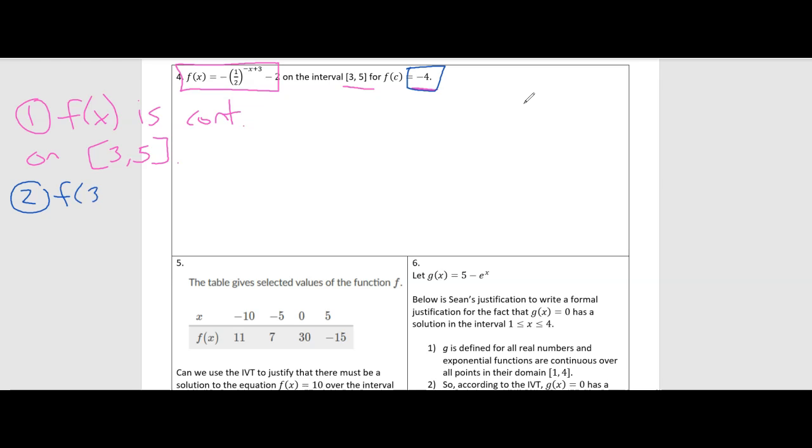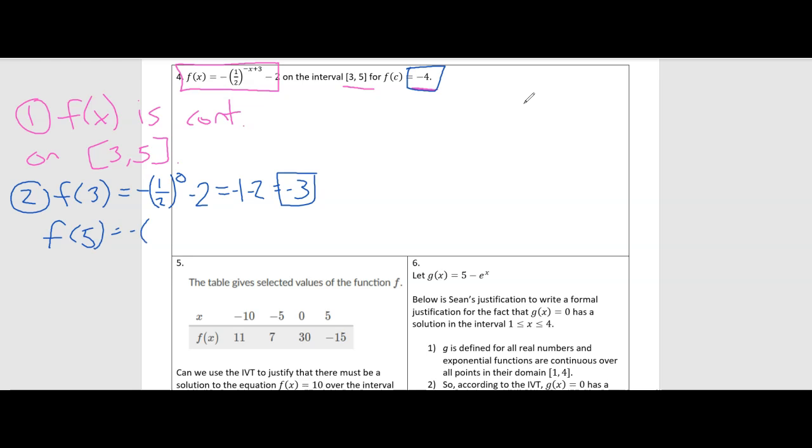So f of 3 is equal to -(1/2) to the power of 0 minus 2, which is 1, since anything to the power of 0 other than 0 is 1. So we get -3. Make sure you're applying that exponent of 0 first and then multiplying by -1, because that negative is outside of the parentheses.